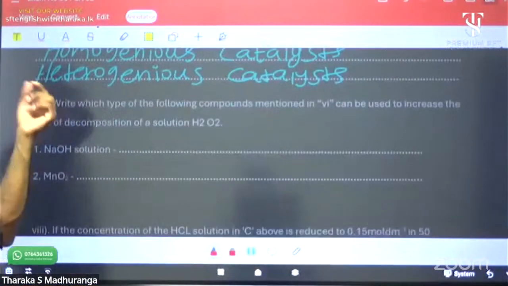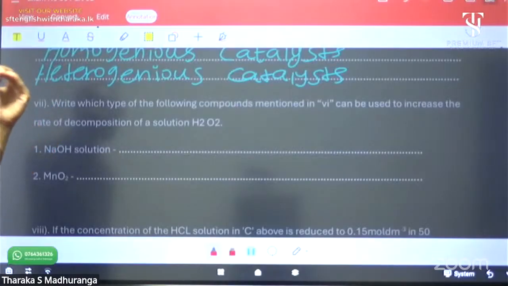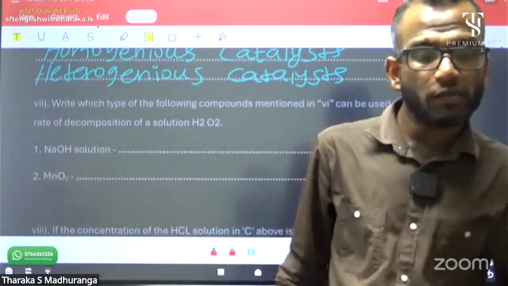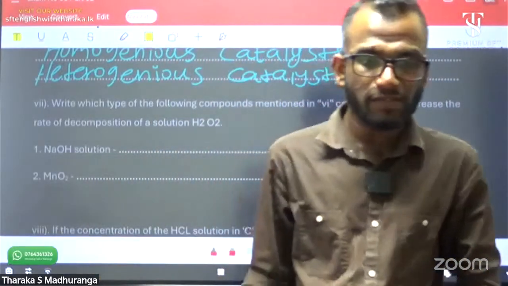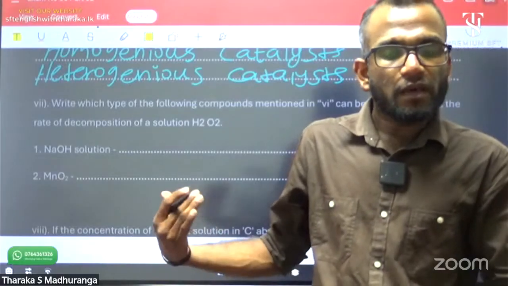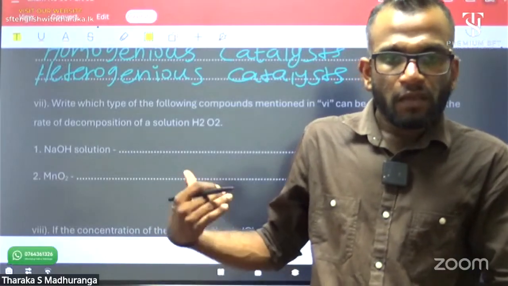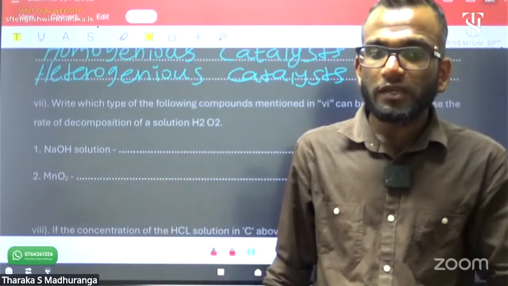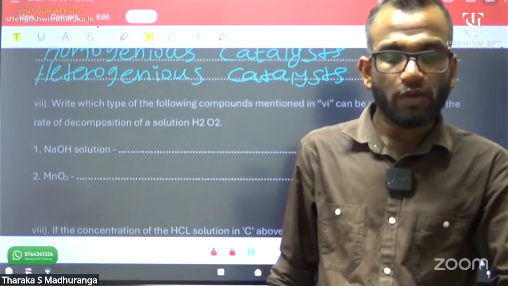Write which type of the following compounds mentioned in the previous part can be used to increase the rate of decomposition of a solution of H2O2. H2O2 means hydrogen peroxide. I think you can remember, in our syllabus lesson I explained the catalyst effect experiment using H2O2, hydrogen peroxide.